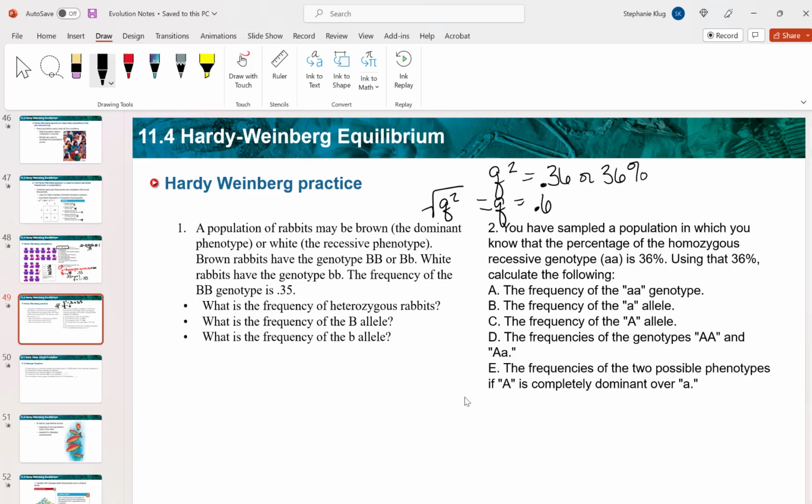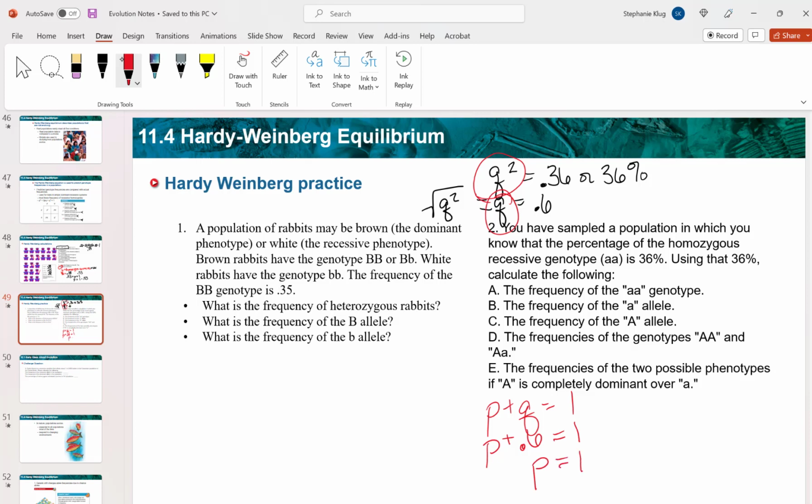Now we have Q squared, and now we have Q. Now let's remember P plus Q equals 1. So if Q is 0.6, then what is P?